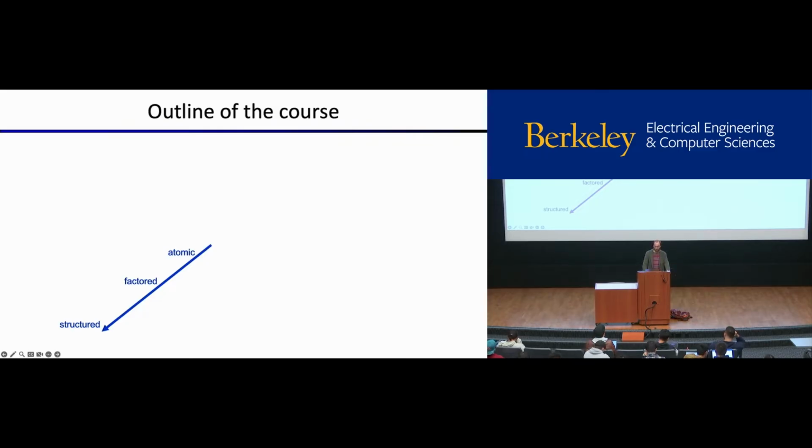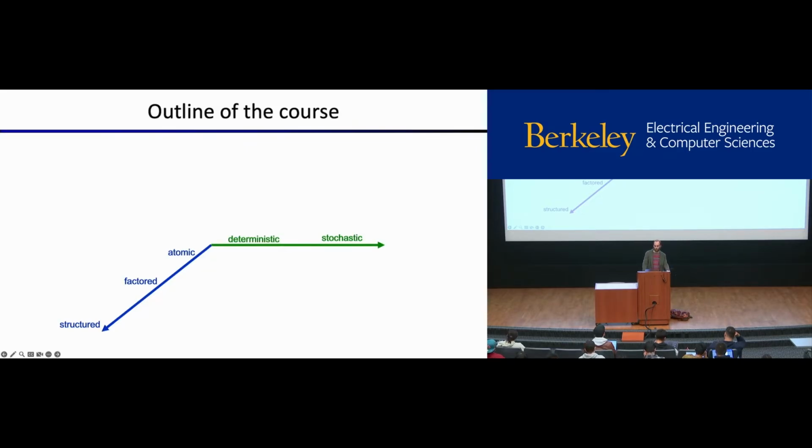We can think about agents having an understanding of the world in three different ways. The most basic way is an atomic understanding of states of the world. Actually, I'll fill in the details once I show you the other axes. These are ways the agent can represent its knowledge about the world.